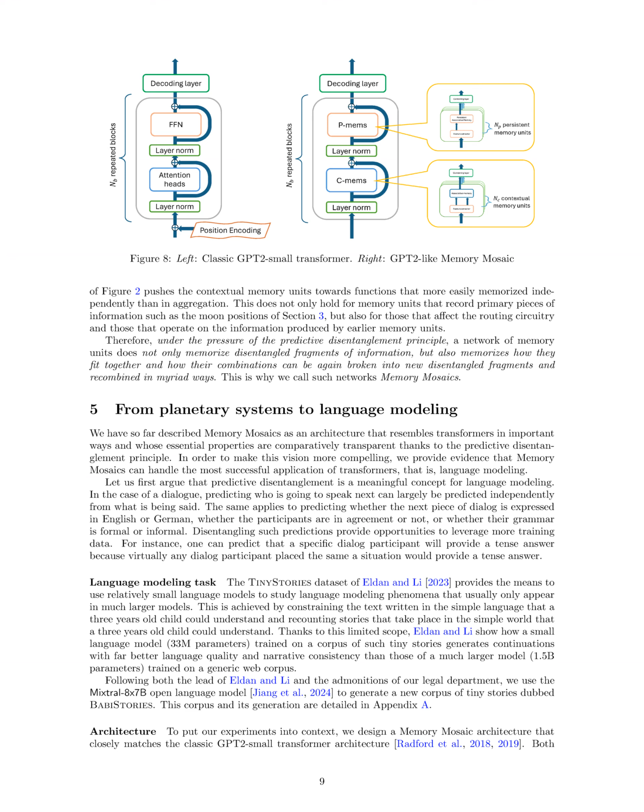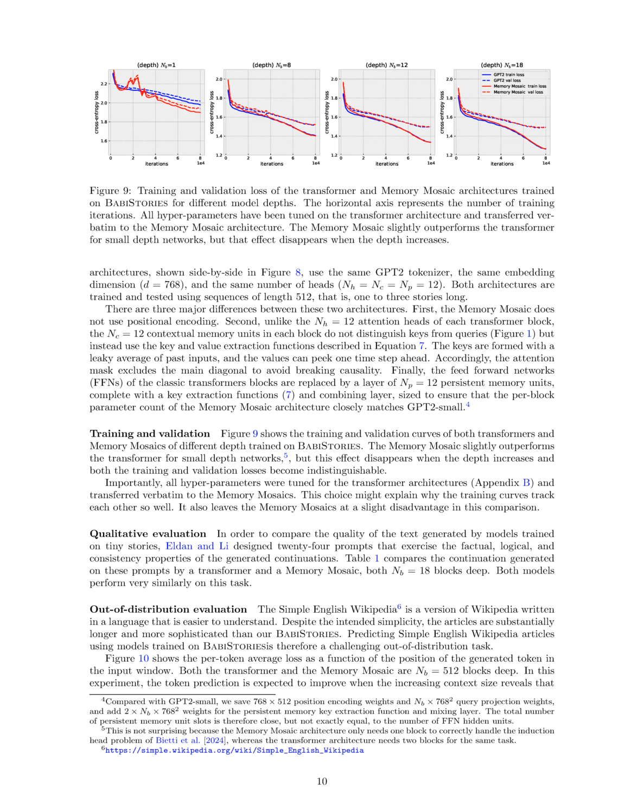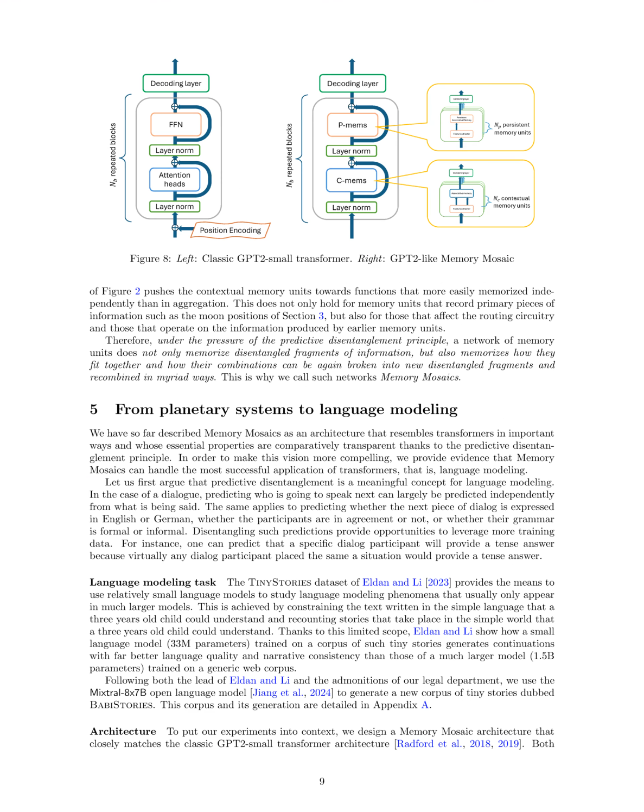The training and validation curves of both transformers and memory mosaics of different depths were compared. The models were evaluated based on their ability to predict the next token in the input sequences. Additionally, the quality of the text generated by the models was compared using 24 prompts that tested the factual, logical, and consistency properties of the generated continuations.